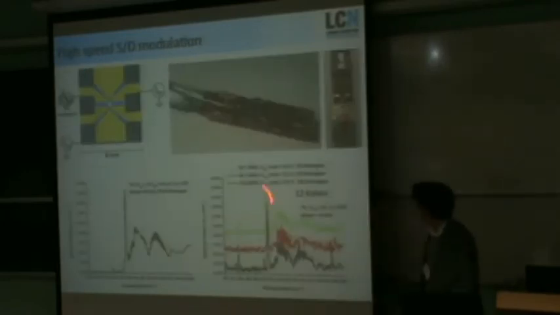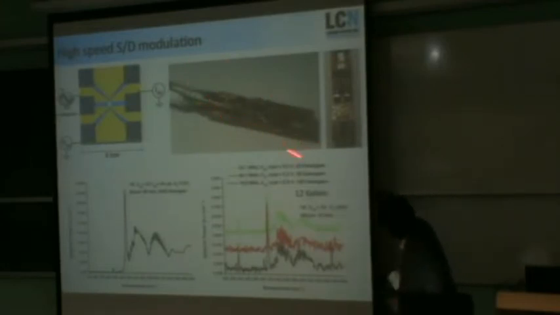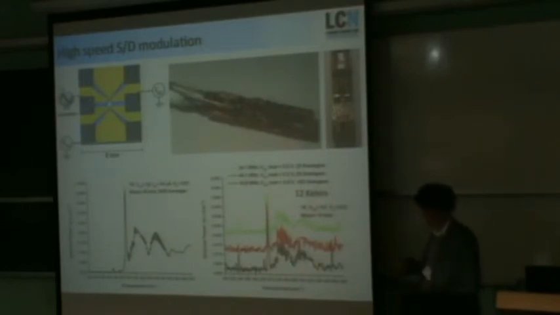So also I've been exploring this further more recently and set up a more RF related system to actually, I'm not sure how clear it is. Anyway, the device is in here and we've got RF lines coming down to the sample. So then by simply modulating the source drain bias, you can look at the optical response at very fast speeds.